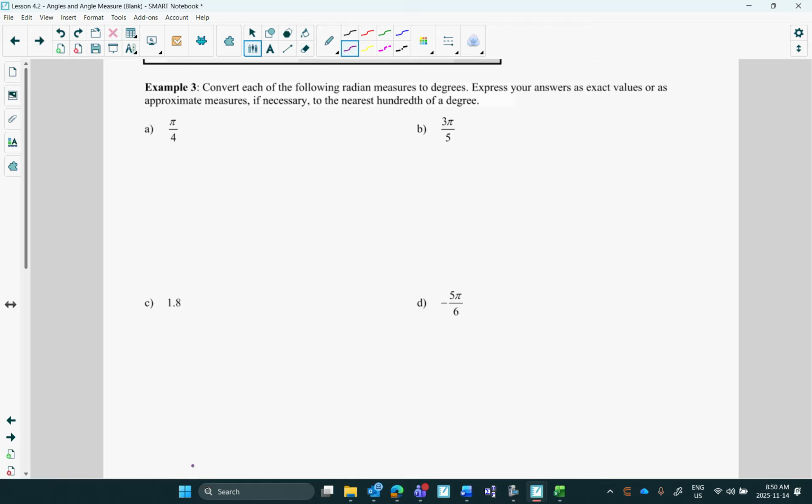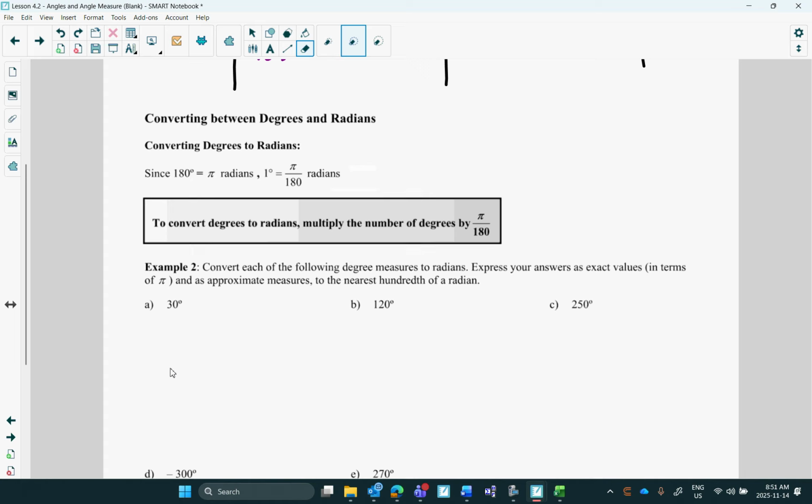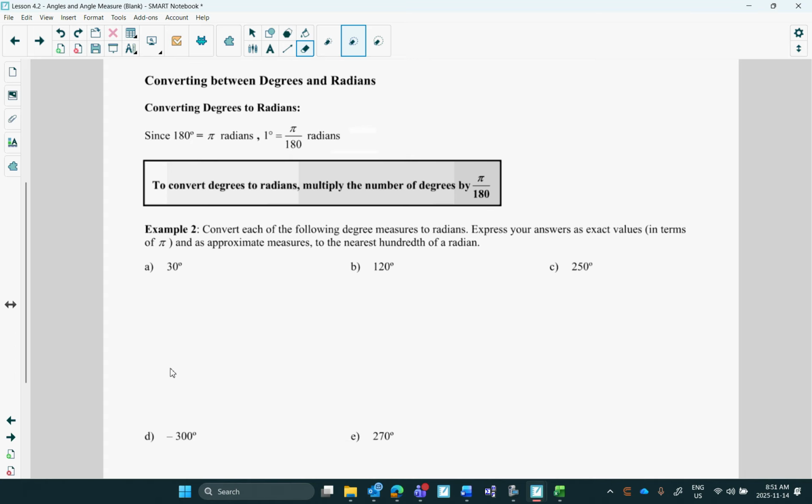Now it's really messed up. Wait a second. It's all over the place. Fine, reset page. Oh, that helped. Okay, let's see if this works. It went haywire on me, all because I picked the highlighter. Try this.